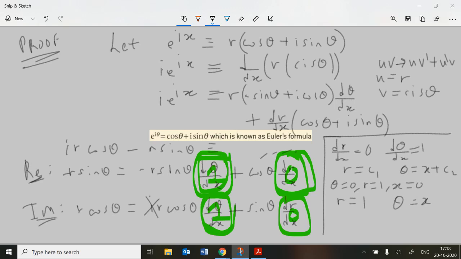Okay, so essentially we've now proved this thing here, because we've now said that x is equal to theta, coming from this, and we've said that r is equal to 1. So given this starting condition, we know that we have e to the I theta there, and on the right hand side here r being equal to 1.